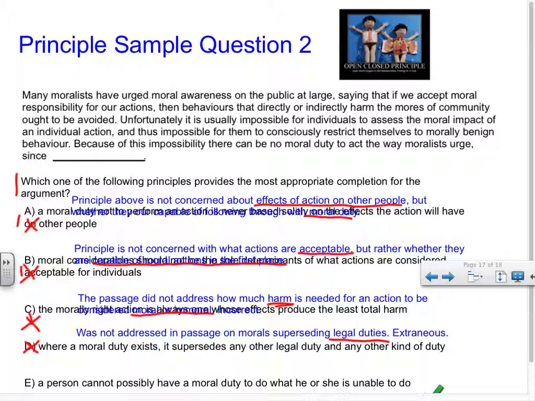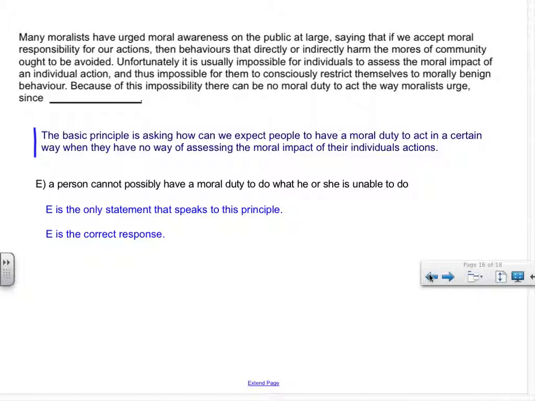And the last answer choice says, a person cannot possibly have a moral duty to do what he or she is unable to do. And this is our correct answer choice. As you recall, we said previously that the basic principle is asking how can we expect people to have a moral duty when we're unable to assess the moral impact of our actions in the first place.